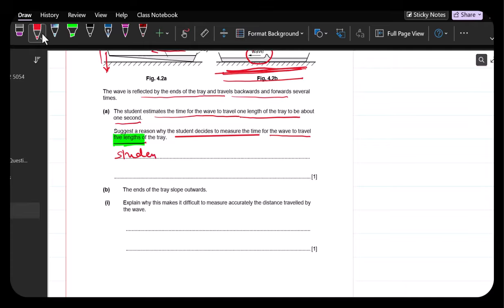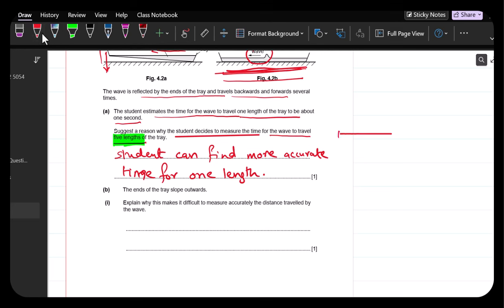The student can find a more accurate time for one length. Because if the student is going to measure the time for only one length, what happens is that it will take a smaller time.